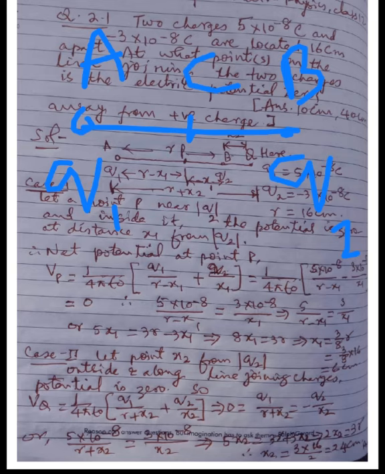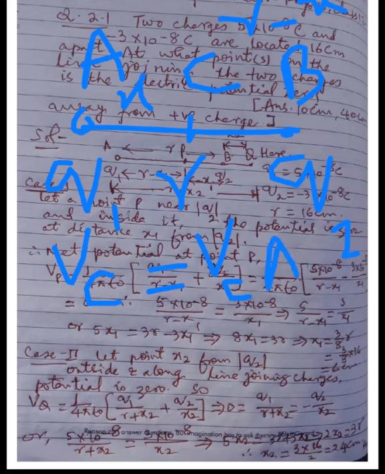If Q1 and Q2 are separated by distance R, and we take point C at distance x from point A, then CB will be R minus x. So the net potential Vc at point C will be the potential at C due to charge at A plus the potential at C due to charge at B.